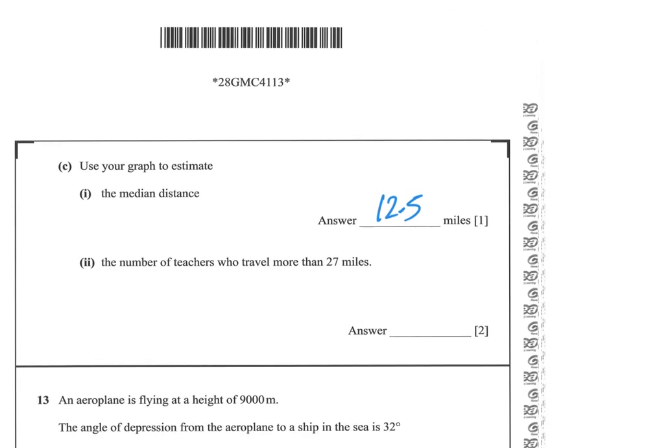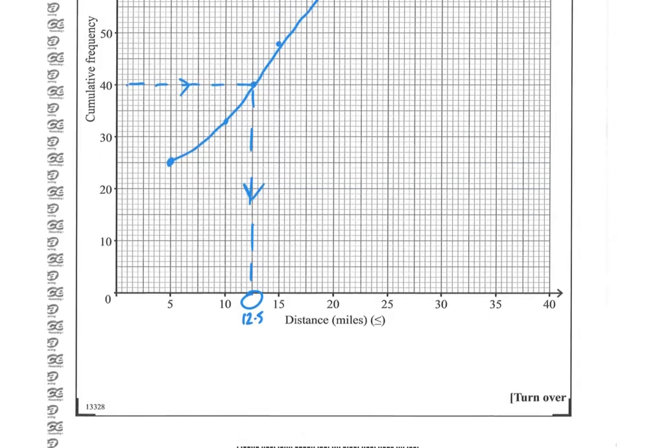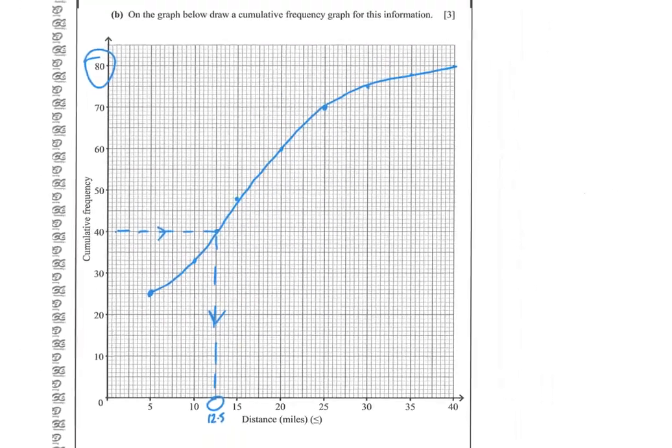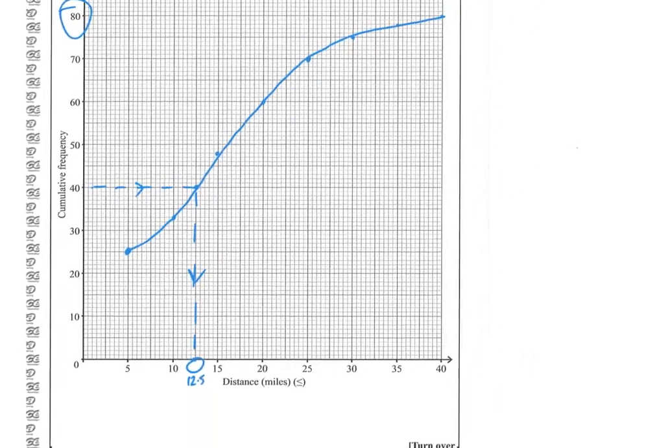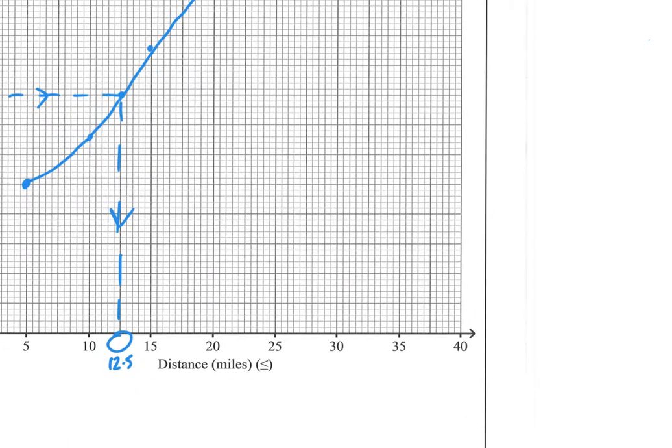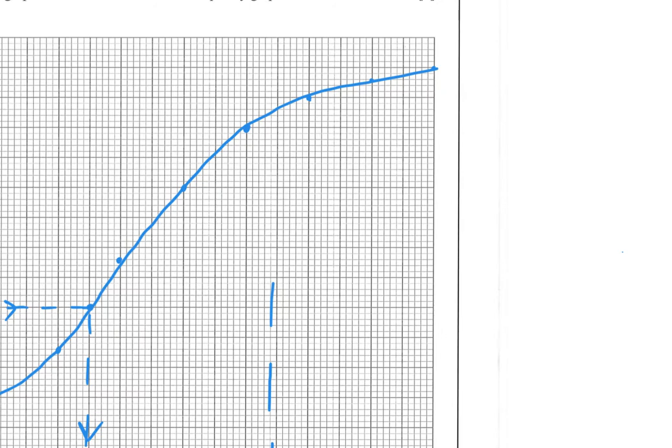Next part of the question says, find the number of teachers who travel more than 27 miles. So this is a less than cumulative frequency graph, but you've got to go find 27. So that would be 26, 27 would be here. And you're going up from the 27, again using your ruler, which I don't have.